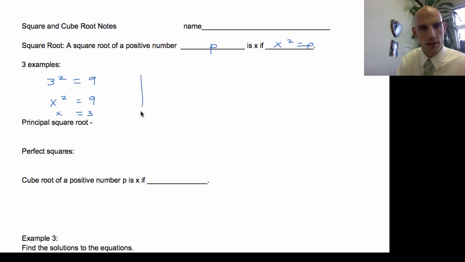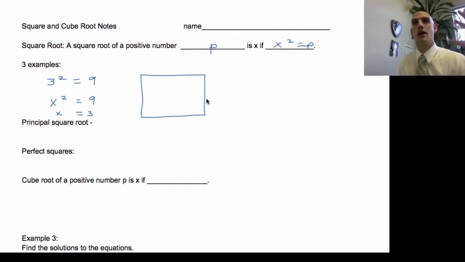Where this comes from is, let me draw you a square. If I'm going to find the area of this square, and I say it's 2 by 2, the area equals 4, or 2 times 2.